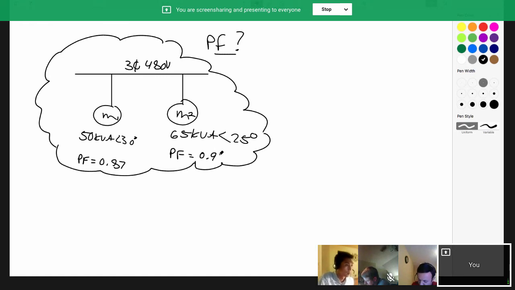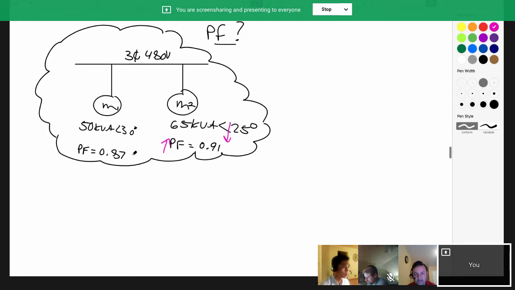I'll say 0.91. Cosine. Yep. Quick check: just by looking at these two loads, how do we know that this one was going to have a better power factor before we even took the cosine of that angle? It's the angle. This angle's smaller, isn't it? So we know our power factor has got to be better, right? Quick check just to let us know we're on the right path.